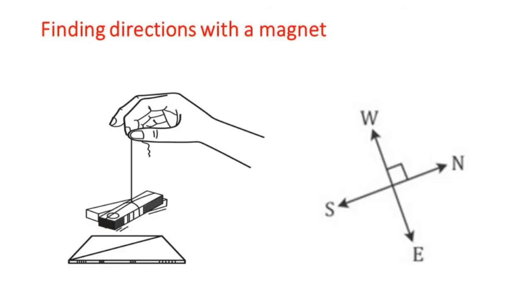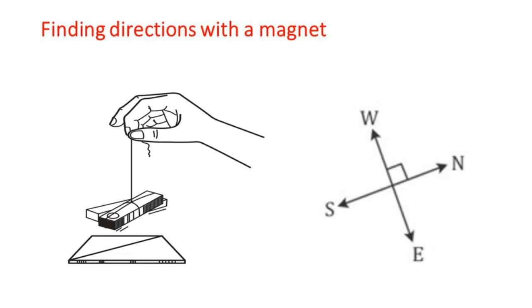Finding directions with a magnet. To find out the direction with a magnet, tie a piece of thread to the center of a bar magnet and suspend it. Note in which direction the magnet stops. Draw a line on a sheet of cardboard or the table along the direction in which the bar magnet stops, that is, a line parallel to the bar magnet.